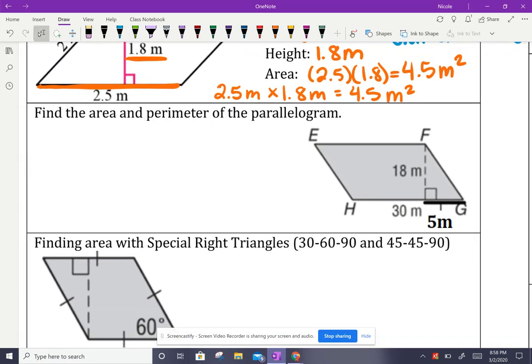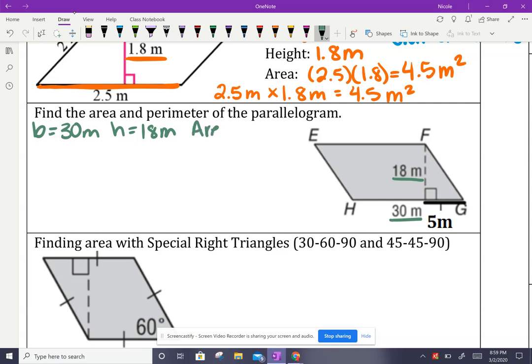I've got finding the area and perimeter of the parallelogram. I've got a base. So the base is 30. My height is 18 meters.